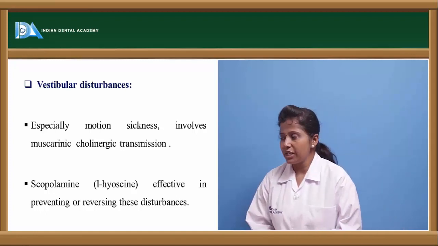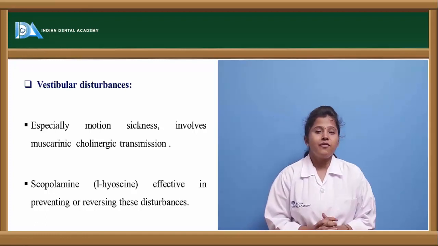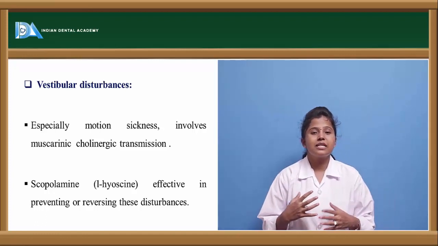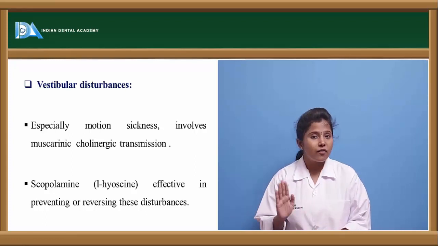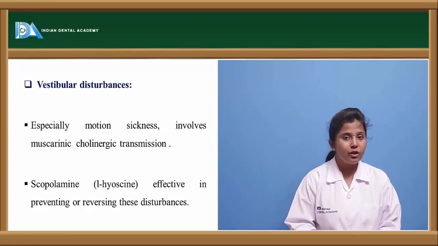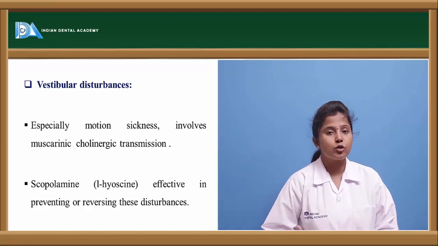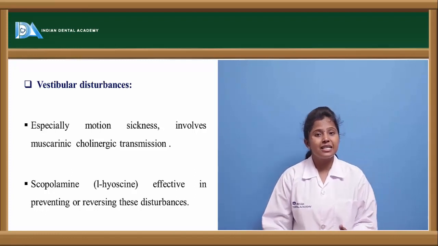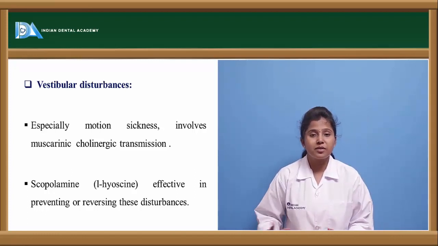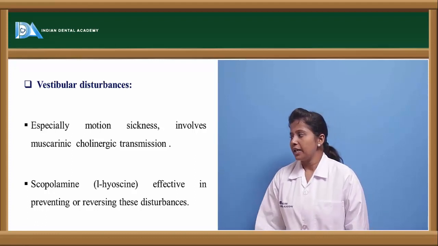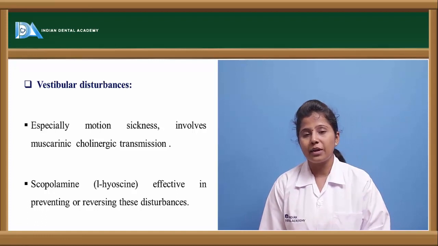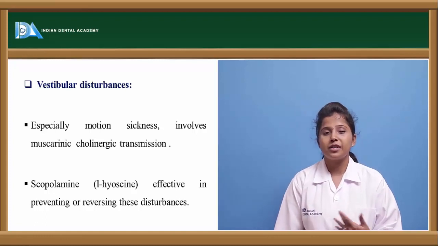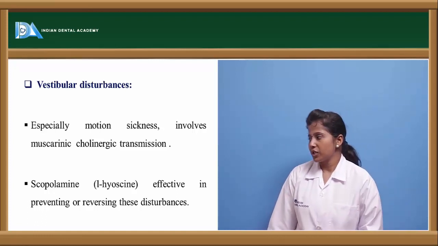For example, motion sickness: if a person has a phobia or sickness during takeoff or landing of a flight or during traveling, that is called motion sickness. In these conditions, hyoscine or scopolamine is mostly recommended, and as I told you, L-scopolamine, the levo form of scopolamine, is more effective in motion sickness.